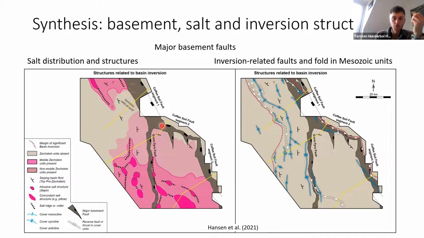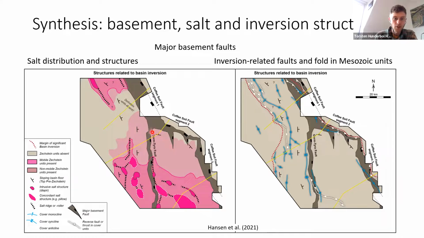You have the Coffee Soil fault marked here, and also a prominent but deeply buried north-south striking rift fault here, the Gorm-Kyra fault, to be precise. And in pink, you'll see we have at least a small area here where probably we don't have any salt at all. If you go north or south, you'll gradually move into thicker Permian salt.